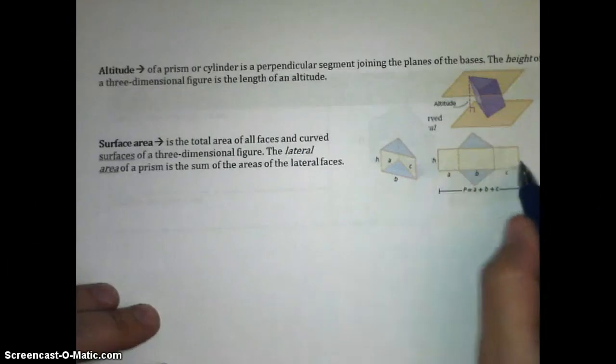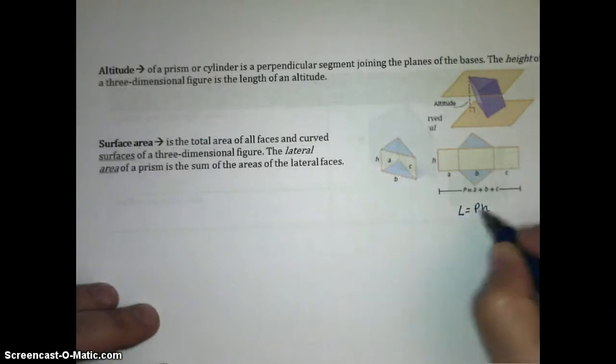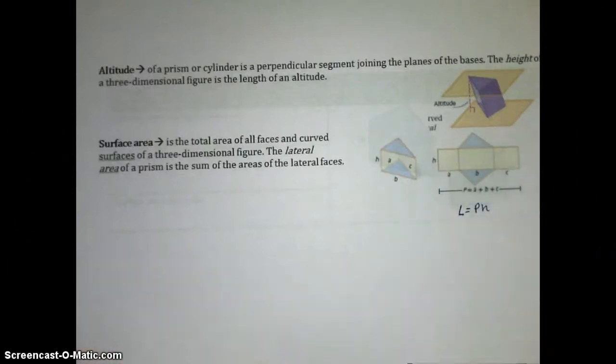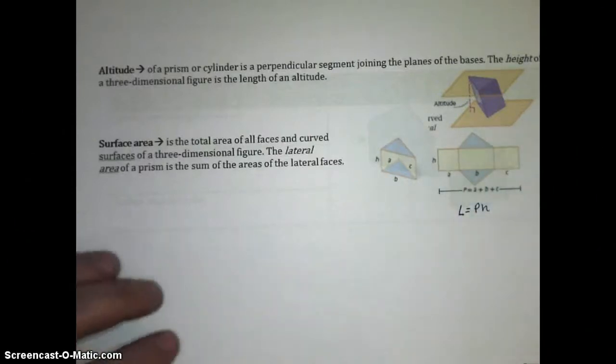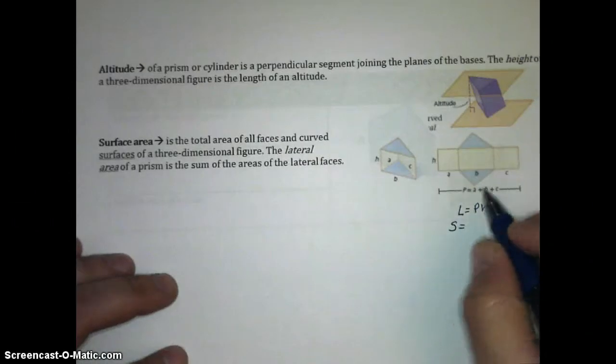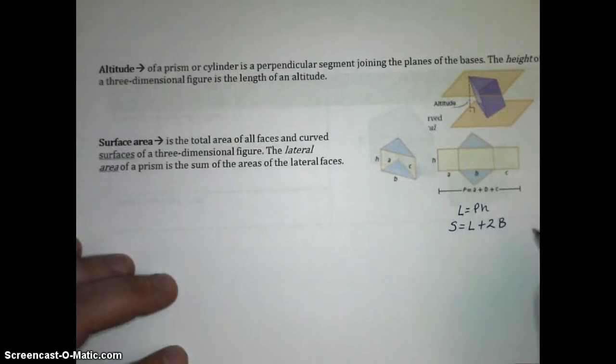So the lateral area equals perimeter times the height. Perimeter of your base times the height of your prism. And then the base areas are just the area of those bases. You have to figure out if it's a triangle, a rectangle, a square, or any other regular polygon. So the total surface area of a prism is one lateral area plus 2 of the base areas.